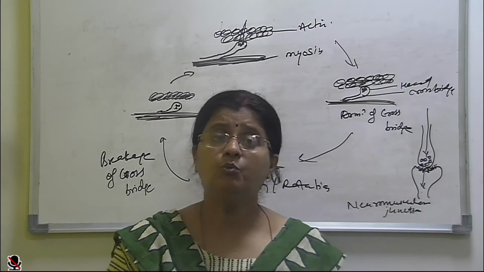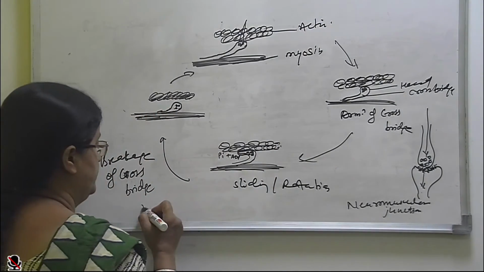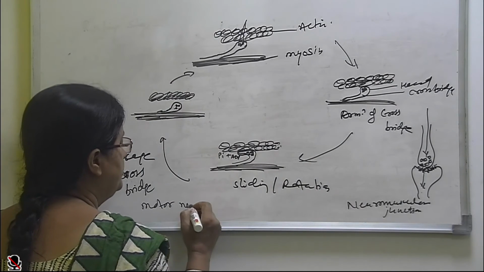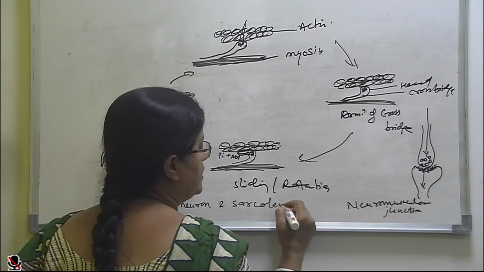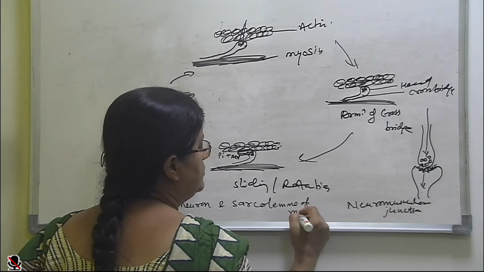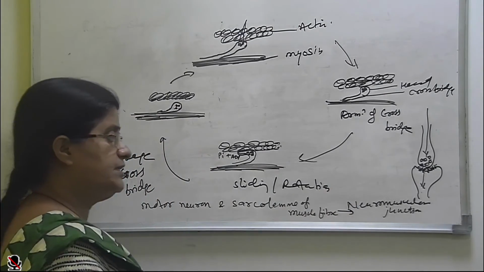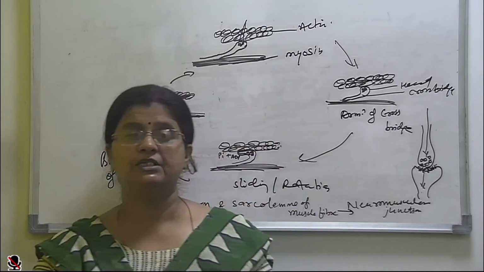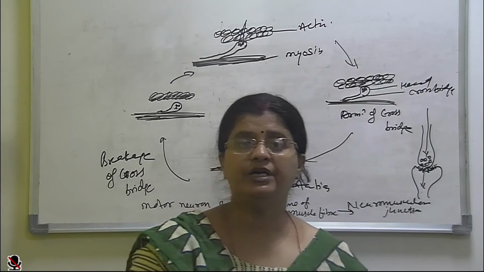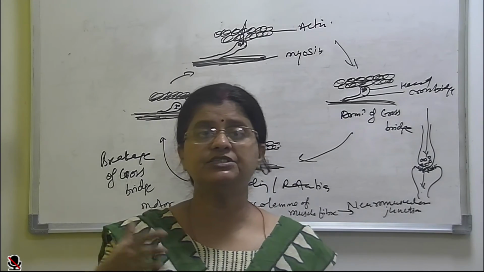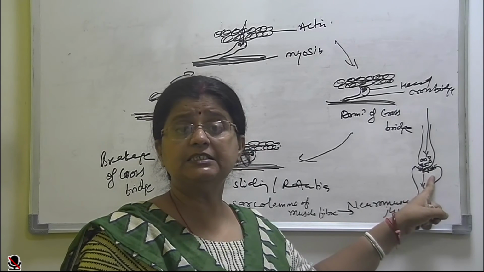Junction between motor neuron and sarcolemma of muscle fiber. Right? This junction is the neuromuscular junction, and this is also called the motor end plate.